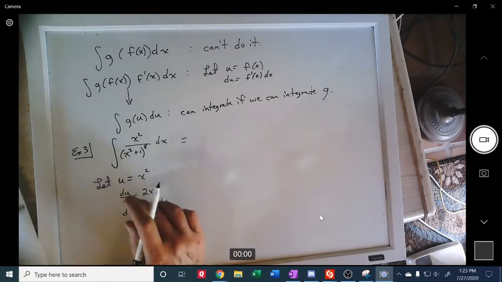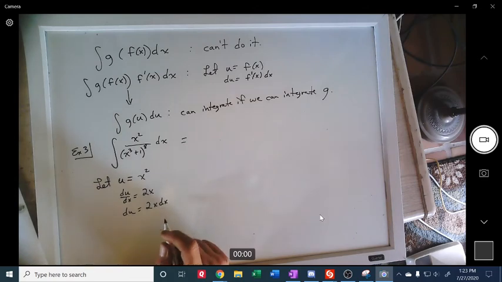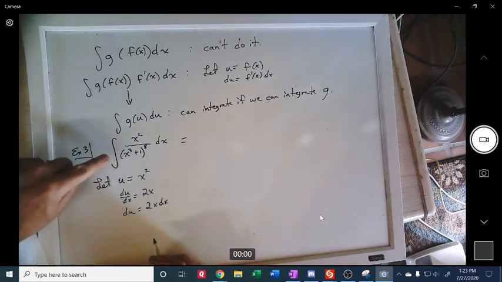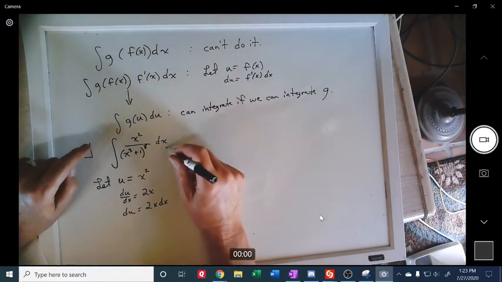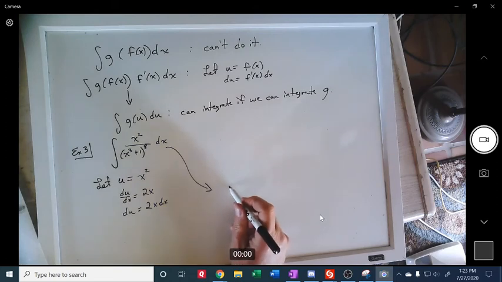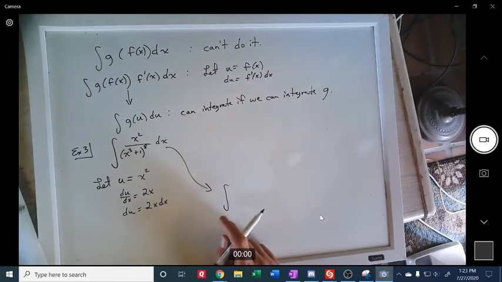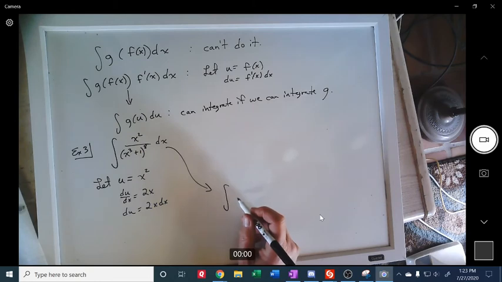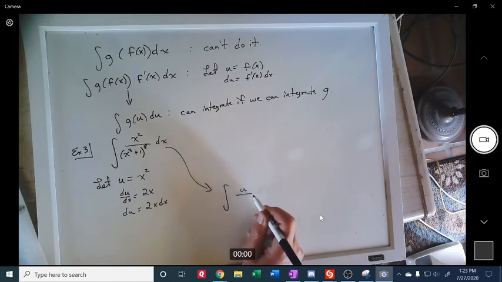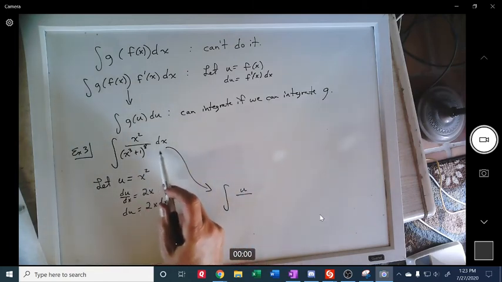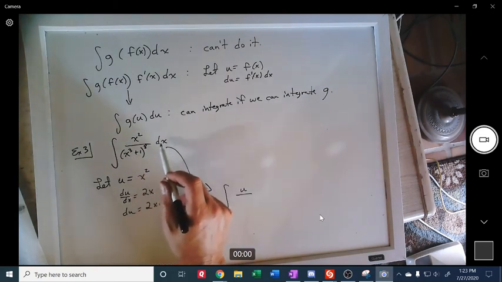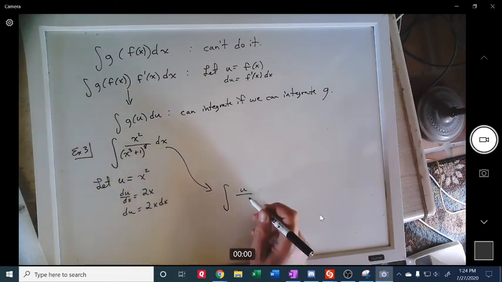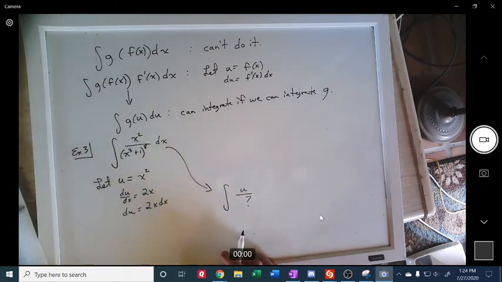If you choose your u to be the wrong thing, what you will find is when you come back to here and you rewrite it, you'll have a hard time not using x's. You'll get a u on the top, and then the rest of it will be, how do I fill it in? You'll wind up having a big problem. Okay.